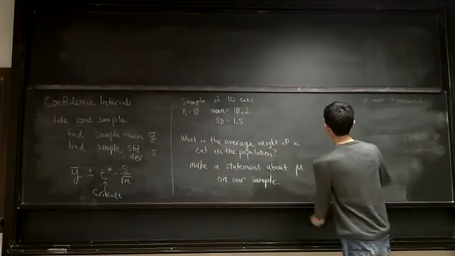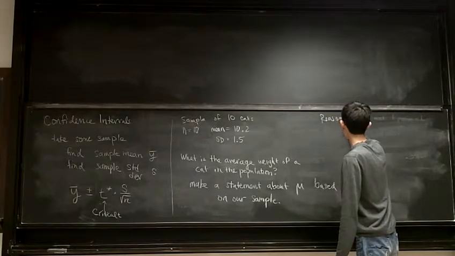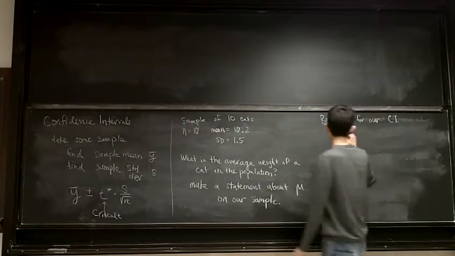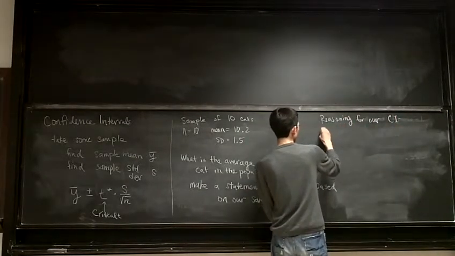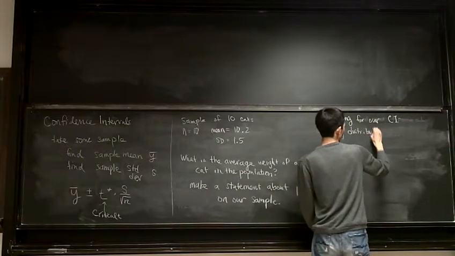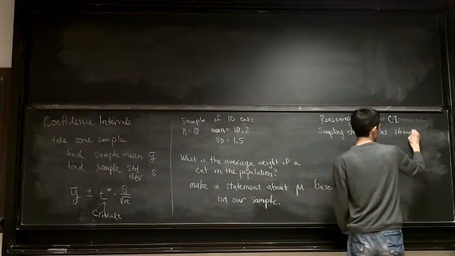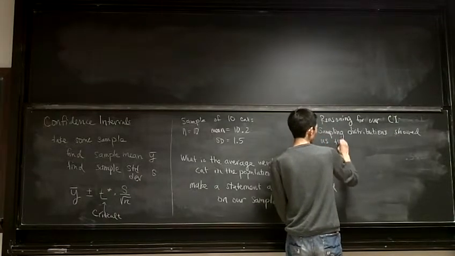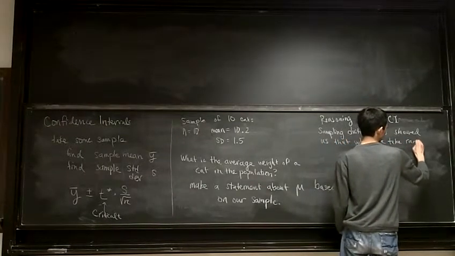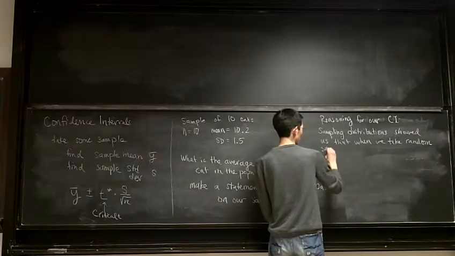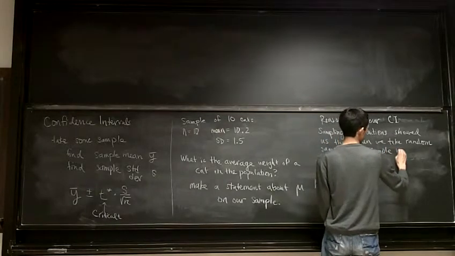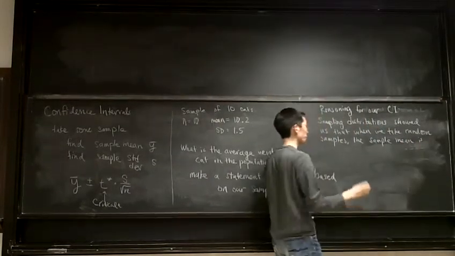So again, the reasoning for our confidence interval is that sampling distributions showed us that when we take random samples, the sample mean is usually close to the population mean.